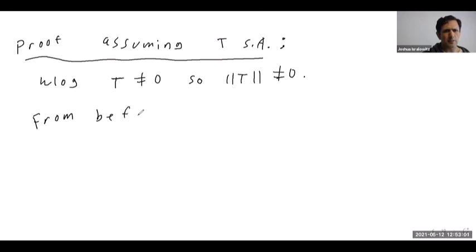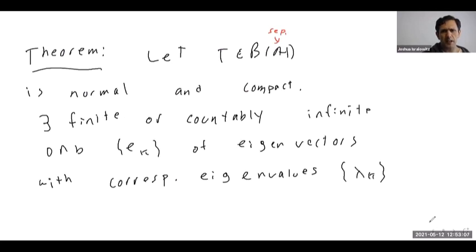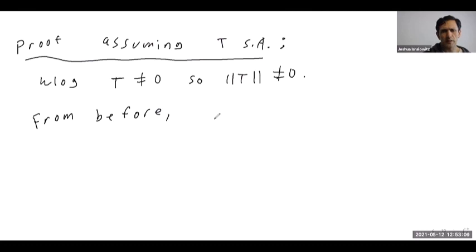Okay, so from, I believe, the last video, T is a compact self-adjoint operator. So we know that we have at least one eigenvalue, plus or minus the norm of T. So that's our starting point.